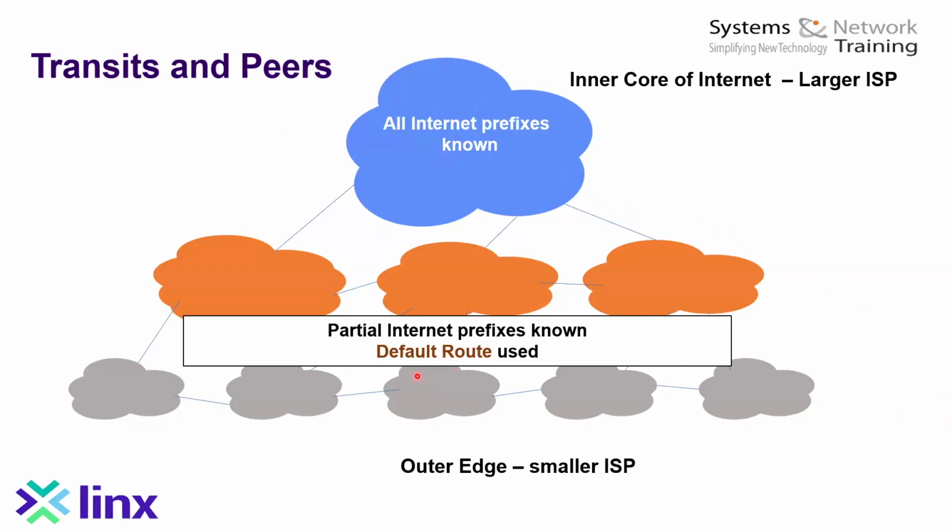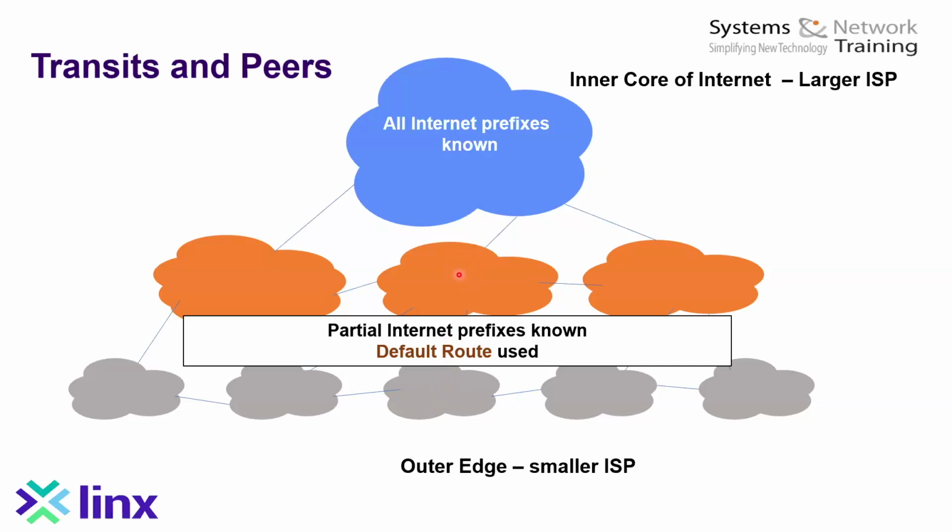Now, this default routing behavior exists out from the core of the internet. It exists further out here. So this service provider will probably send upstream to its transit provider when it doesn't know what to do with a packet. The orange is acting as a transit provider to the gray small edge provider down here.